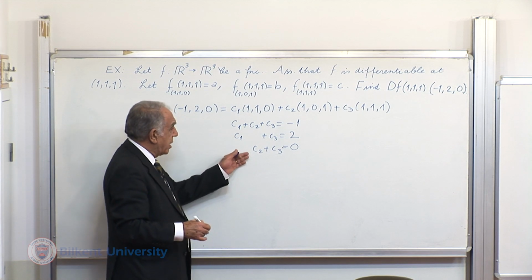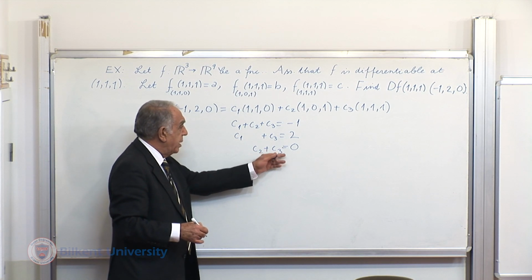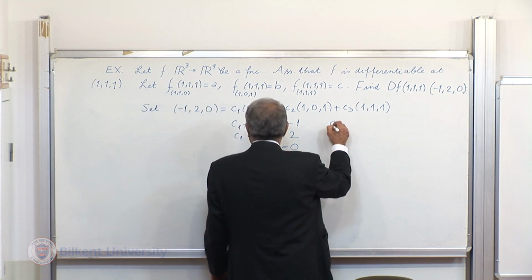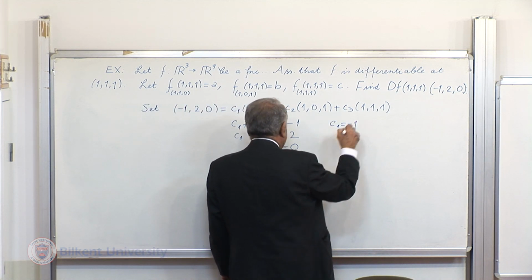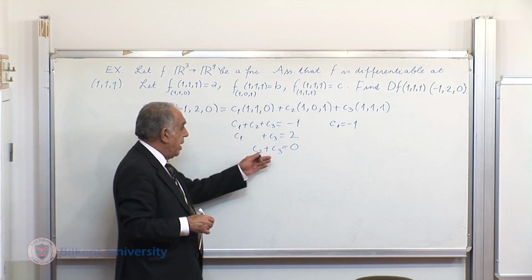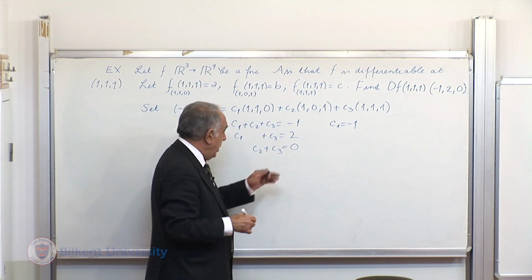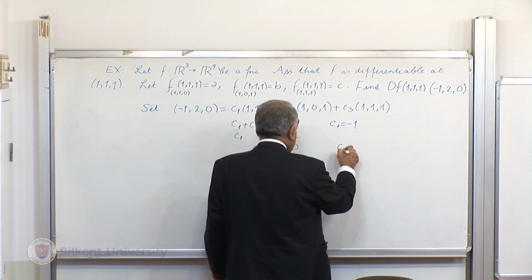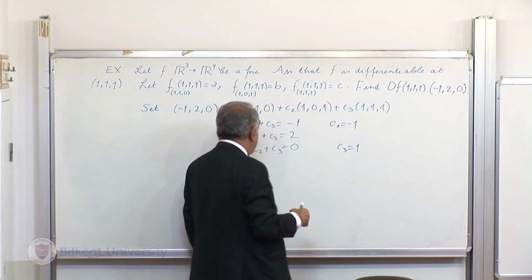But we can easily solve this. If C2 plus C3 is 0, if we take it with this, C1 will be minus 1. If C1 is minus 1, C3 will be the negative of that. That is 1.